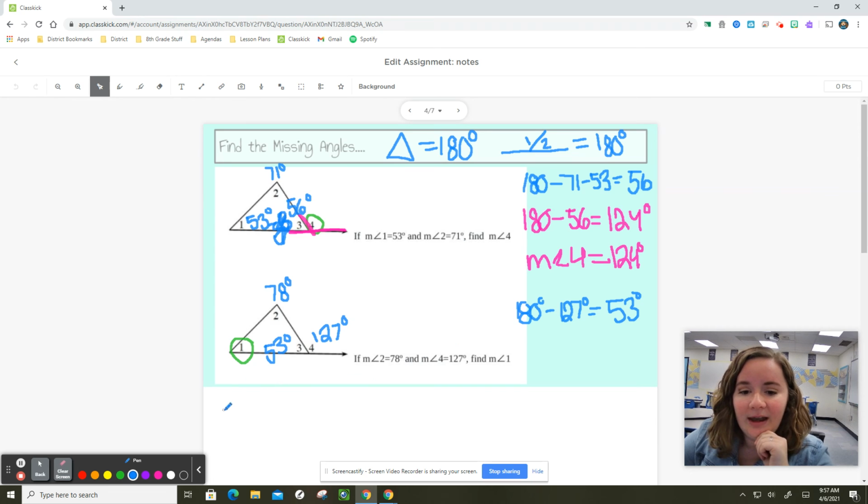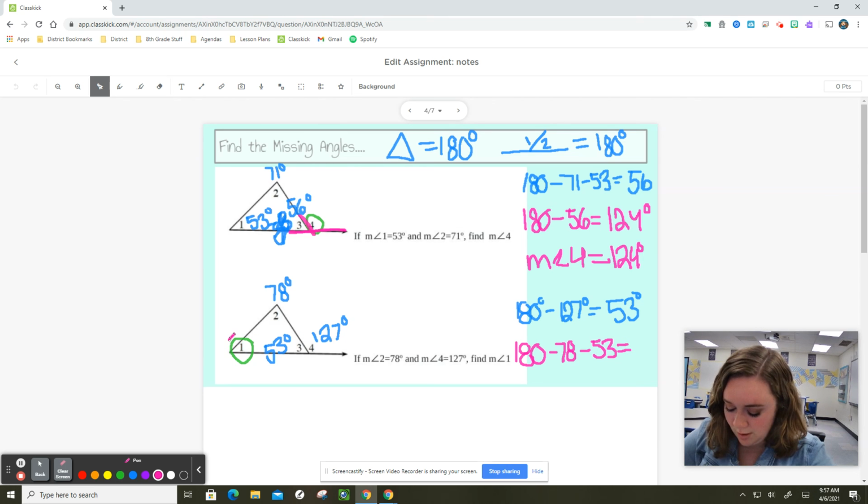I know that triangles equal 180 inside them, and I have 78 and I have 53. So the remaining amount will be the measure for angle 1. That is 49 degrees. So the measure of angle 1 is equal to 49 degrees.